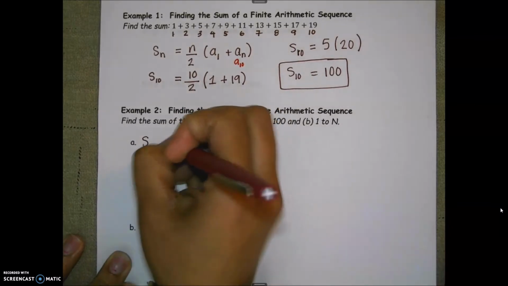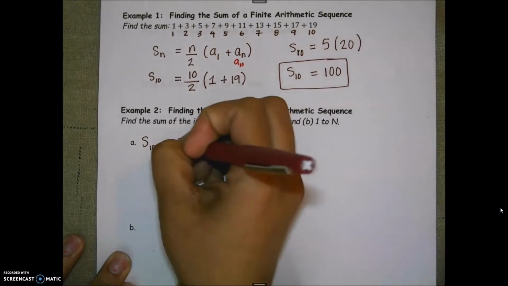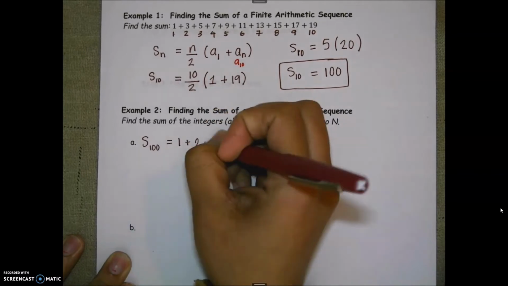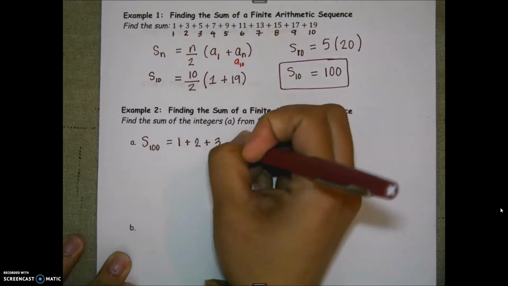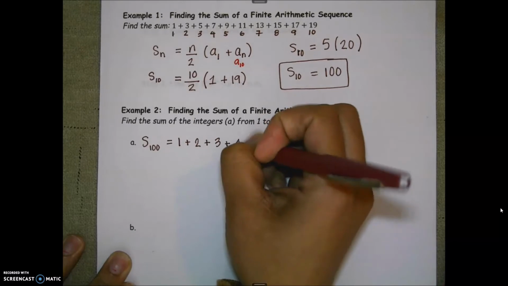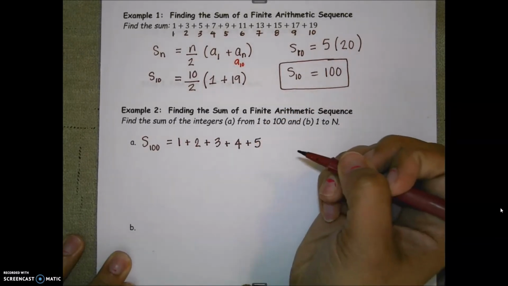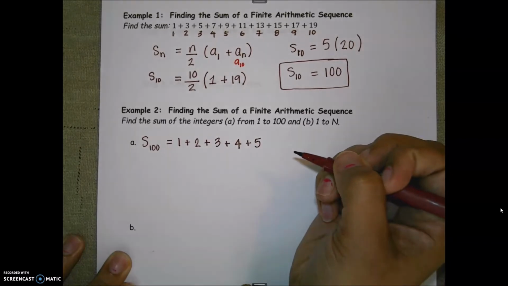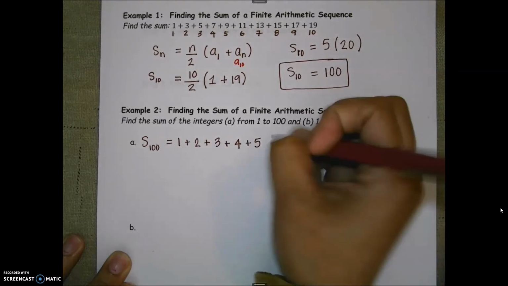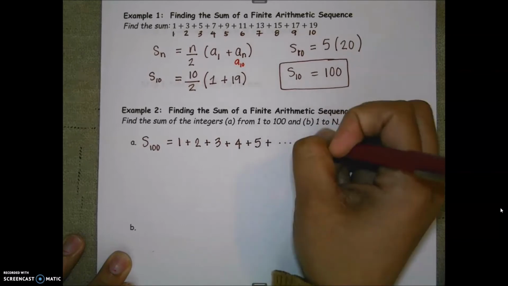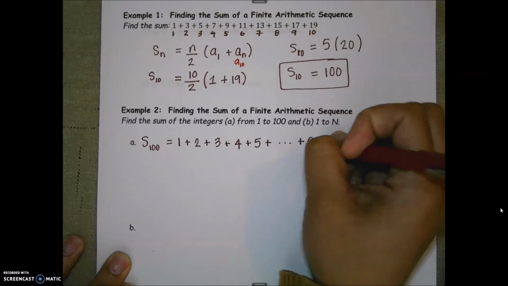Okay? So let's write this out. 1 plus 2 plus 3 plus 4 plus 5. Who's going to sit there all day and write all of this out all the way out to 100? Not me, but I know that this has to go to 100 terms.